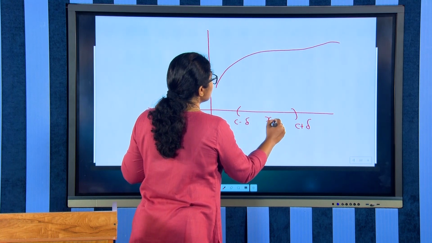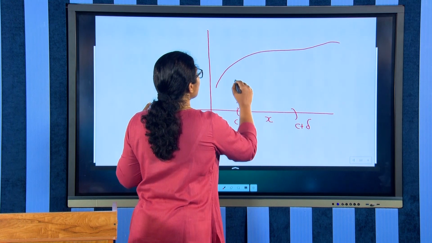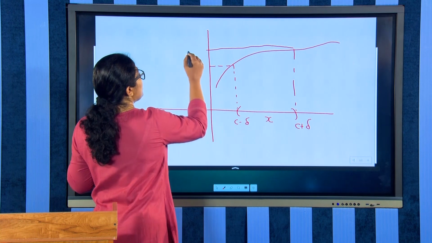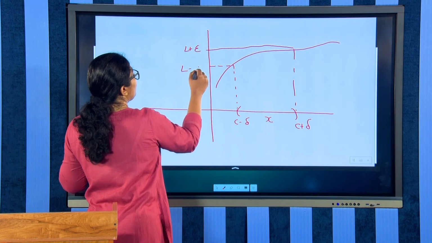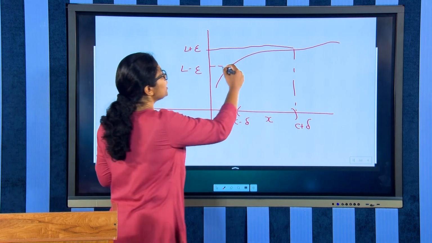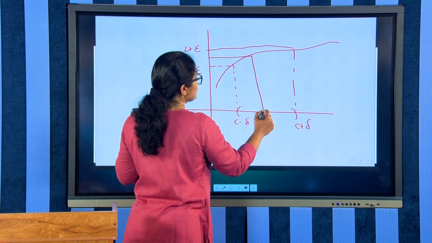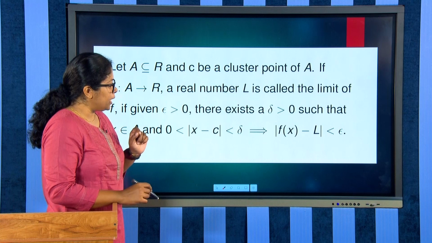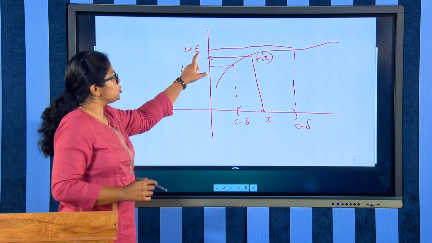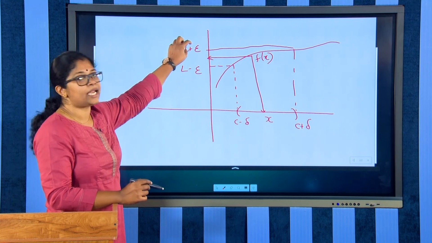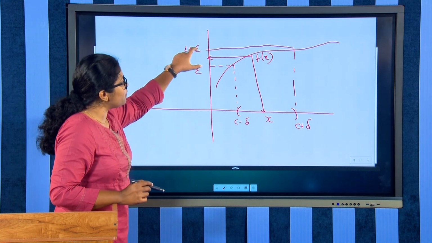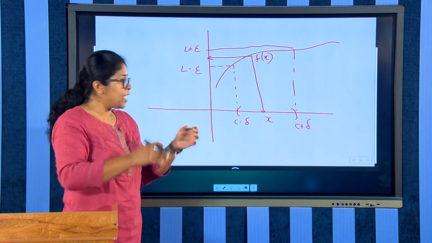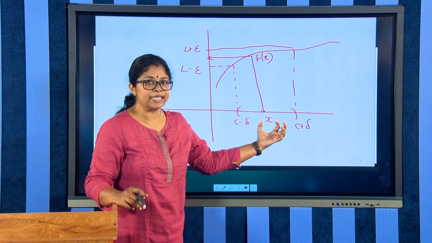Whenever x belongs to this interval, your f of x should lie between L minus epsilon and L plus epsilon. Somewhere here your f of x should lie. So whenever this happens, we say that f of x is very close to L as x becomes closer and closer to c.